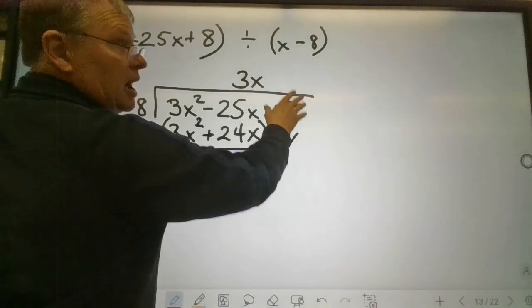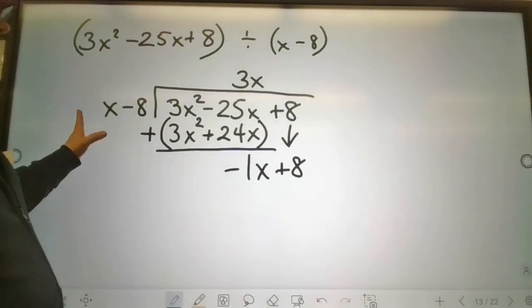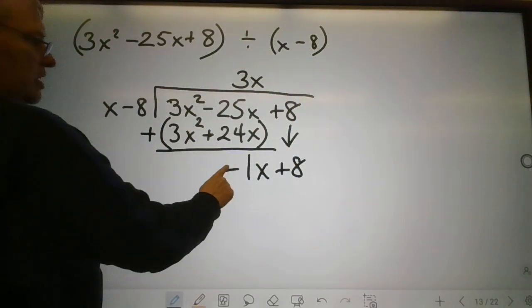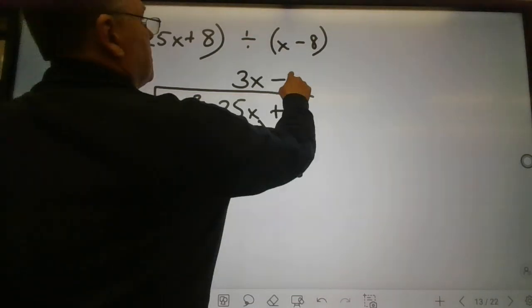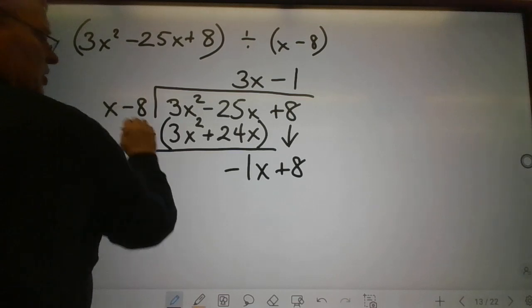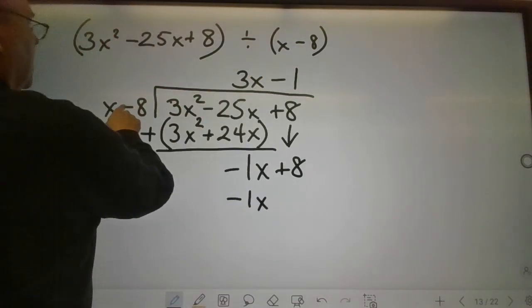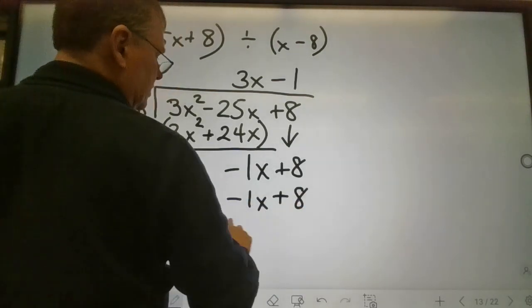And then I bring down the next number. And then what times x will give me a -1x? Well, that would be a -1. And so a -1 times x is a -1x. And a -1 times a -8, minus times minus, +8.